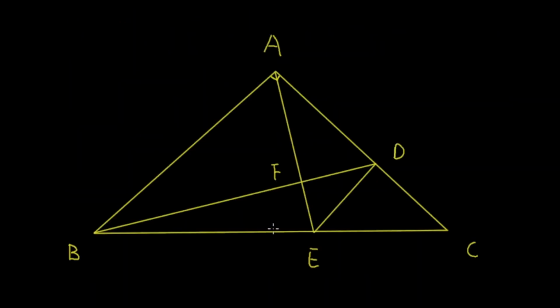Now, knowing that triangle ABC and triangle DEC are similar triangles, what can you say about this angle here? Since this angle is 90 degrees, this angle here must be 90 degrees as well.